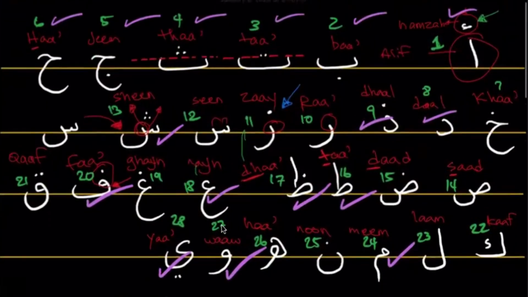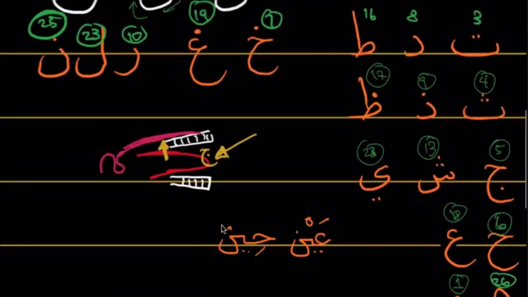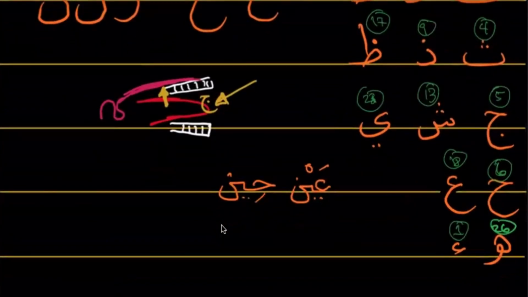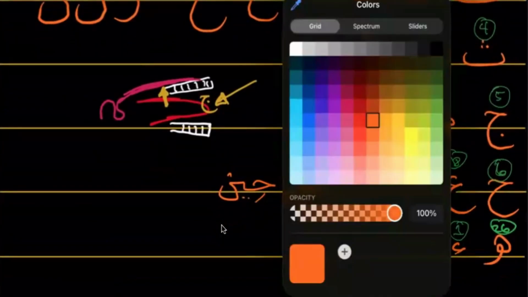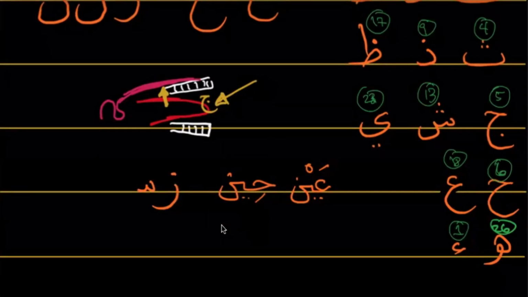Okay. Ra, Zai, number 11. Does Zai have some sisters? Yes. Zai, Sin, and Thawd. Those are sisters.